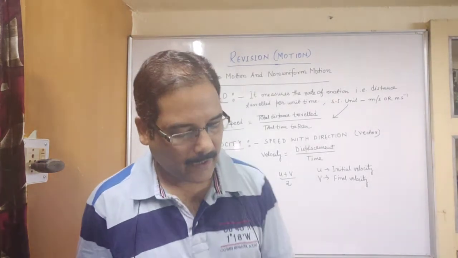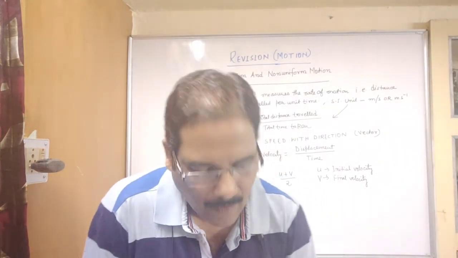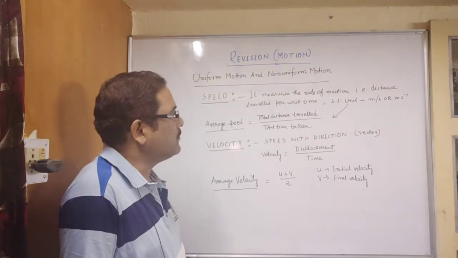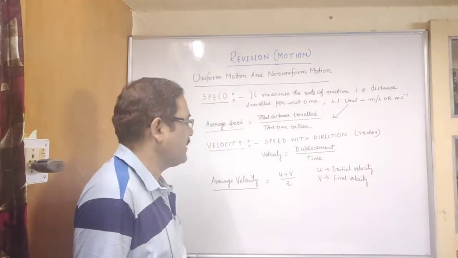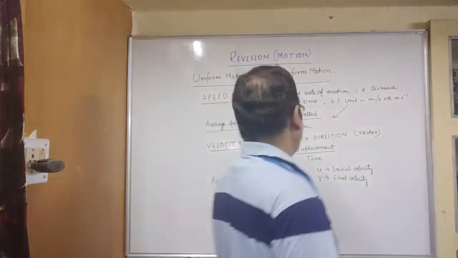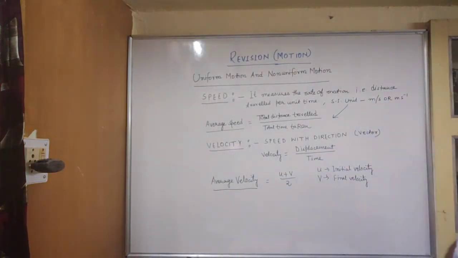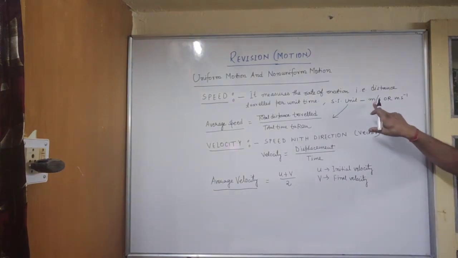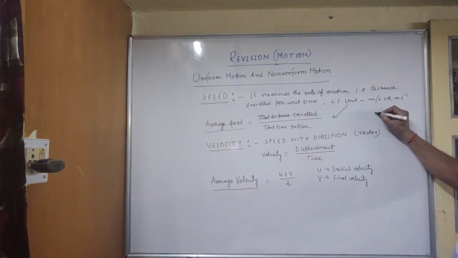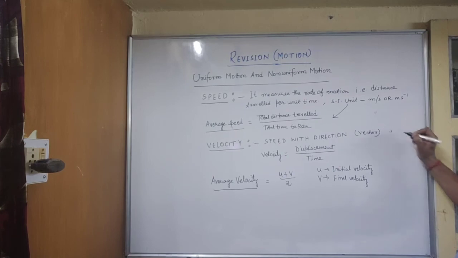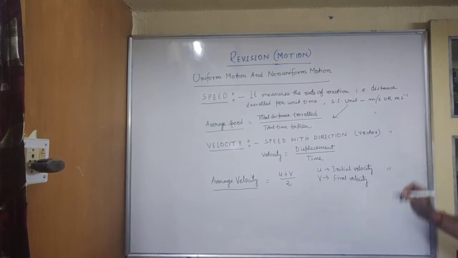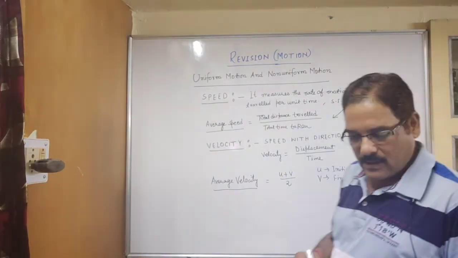That is the arithmetic mean of these two. Now there is no change in unit. All have the same unit because they are a ratio of distance by time. So the SI unit of velocity is meter per second, and average velocity has also the same unit.